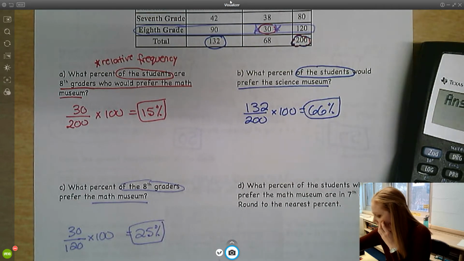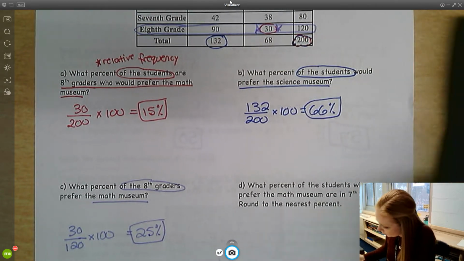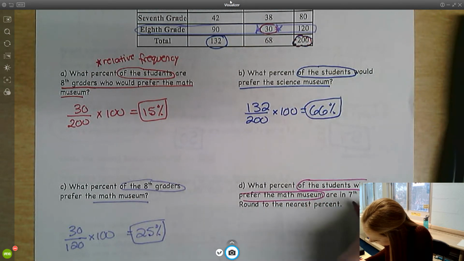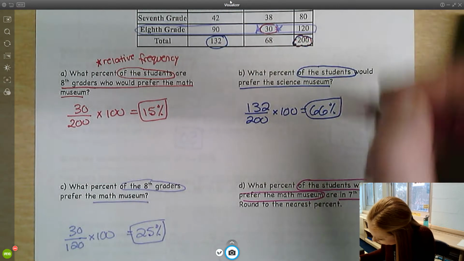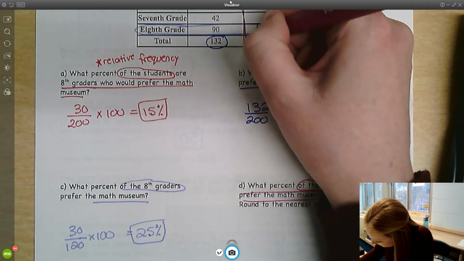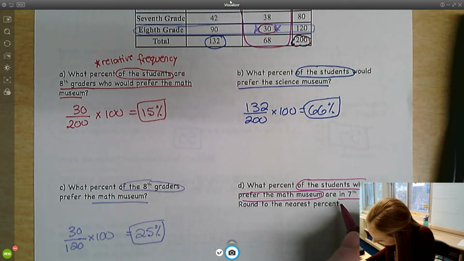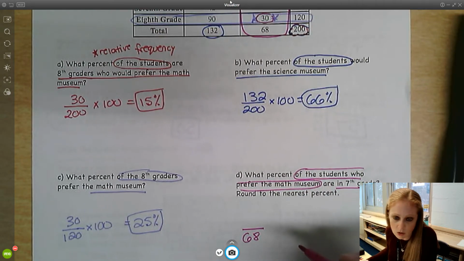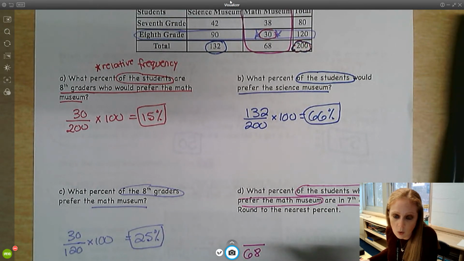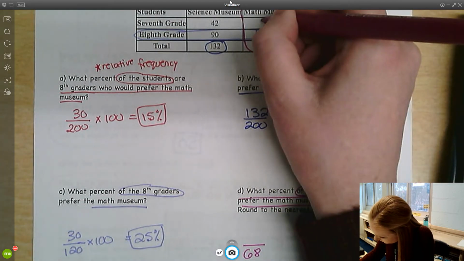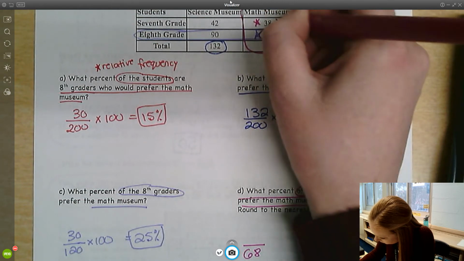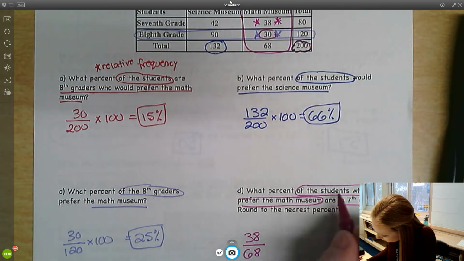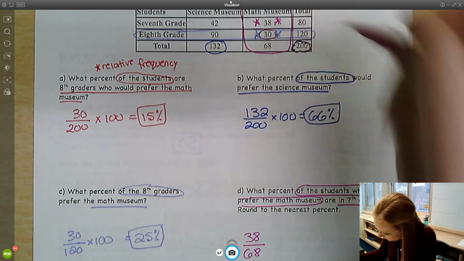And lastly, what percent of the students who prefer the Math Museum are in 7th grade? So we're going to look at all the students who prefer the Math Museum. And we want to say that there's 68 students who preferred the Math Museum in total. How many of them were in 7th grade? 38 of them were in 7th grade out of the 68 total of the students who were preferring the Math Museum.